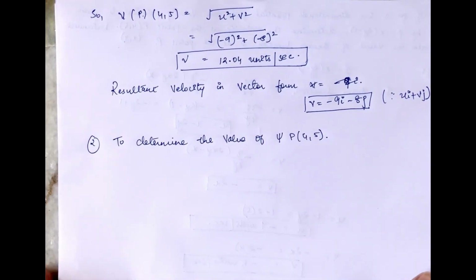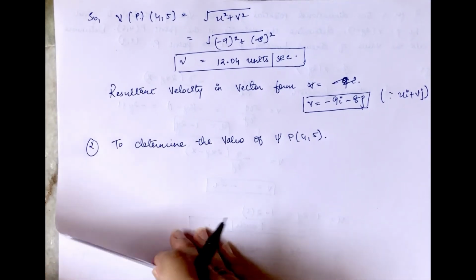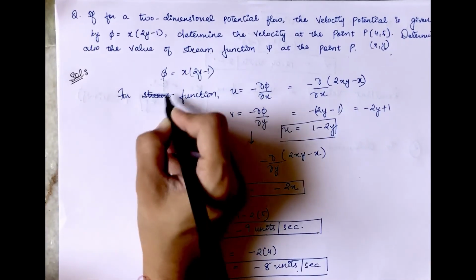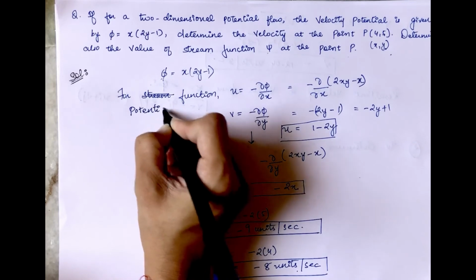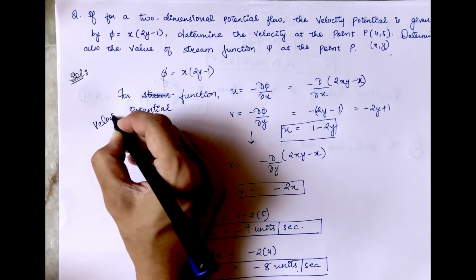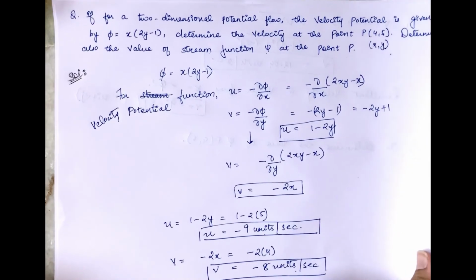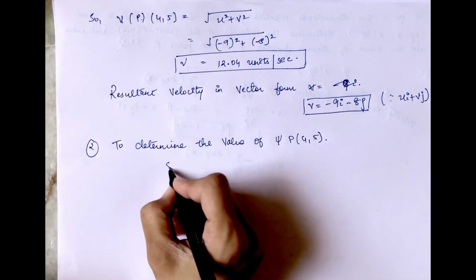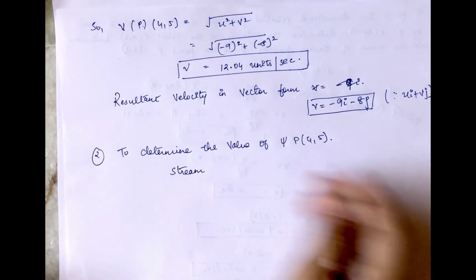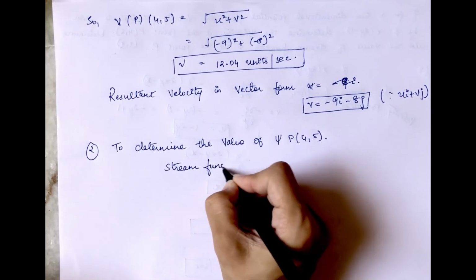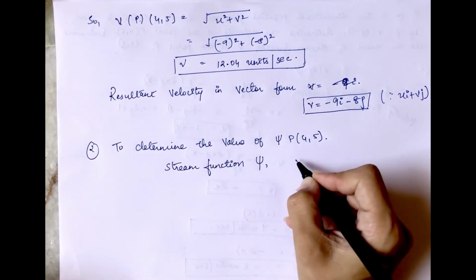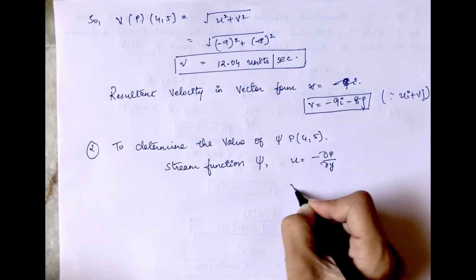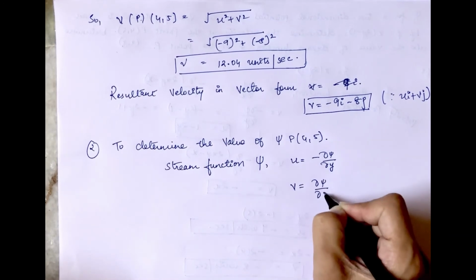Now again for stream function, sorry, by mistake here I have written stream function, but this is the velocity potential function. This was my mistake, sorry. Now we know that for stream function psi, u is equal to minus del psi by del y and v is equal to del psi by del x.